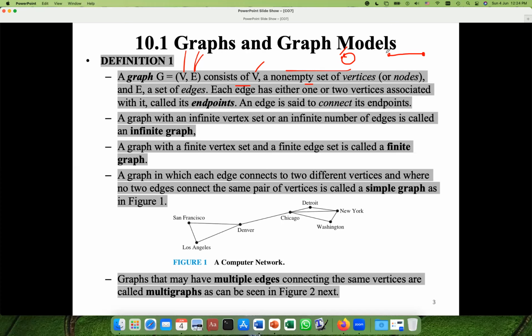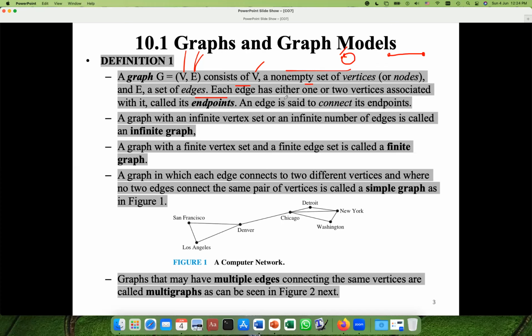Anyhow, each edge has either one or two vertices or nodes associated or connected with it. These nodes you can also call endpoints of that edge. So this is a different term. You are seeing the word endpoints for the vertices, but now you are saying it with respect to the edge, not with respect to vertices. That's why you are saying these are the endpoints of that edge.